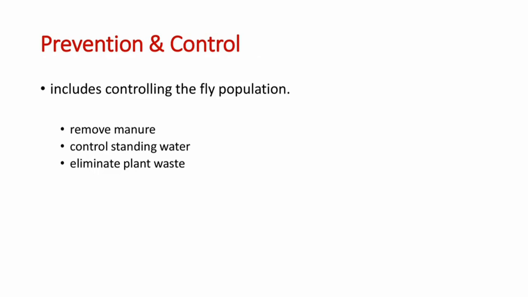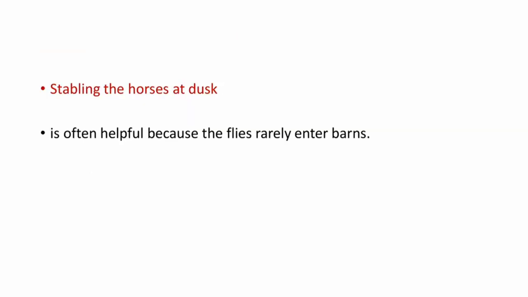Coming to prevention and control, it includes controlling the fly population by removing manure, control of standing water, and eliminating plant waste. And stabling the horses at dusk is often helpful because the flies rarely enter barns.